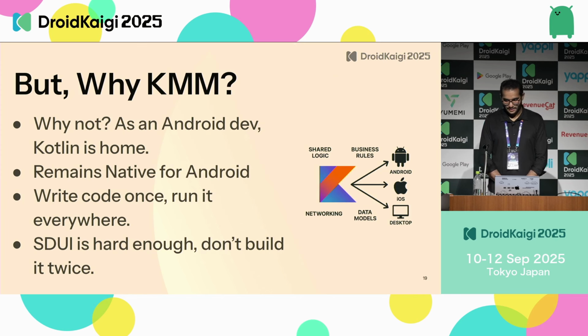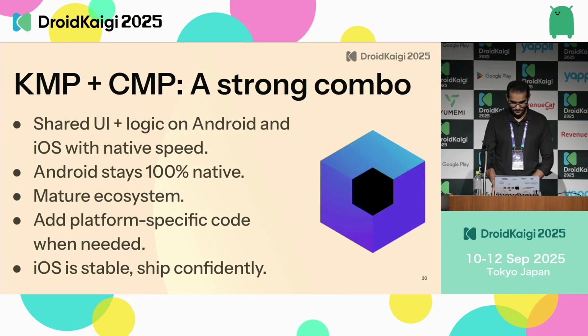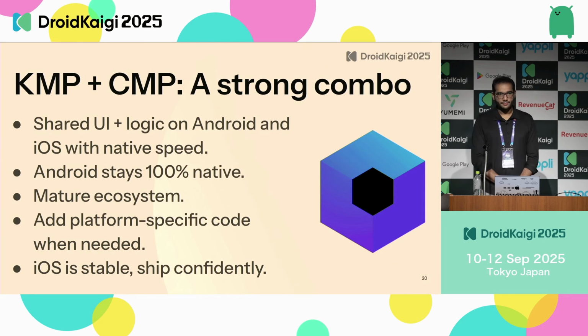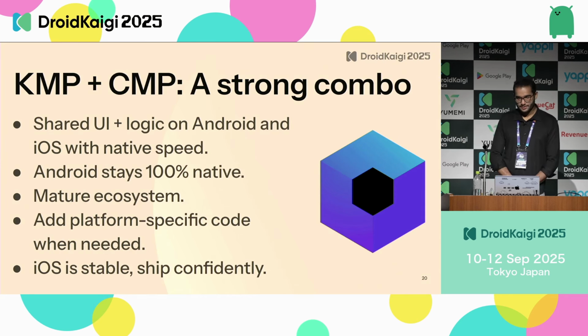That means less time is spent recreating the same stuff for different devices, which is awesome if you are building something complex and challenging like an SDUI library. Kotlin Multiplatform and Compose Multiplatform is a powerful combo.